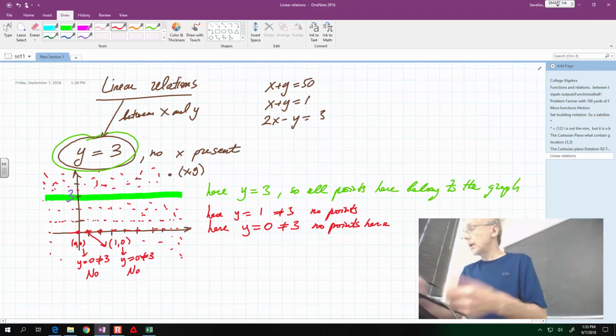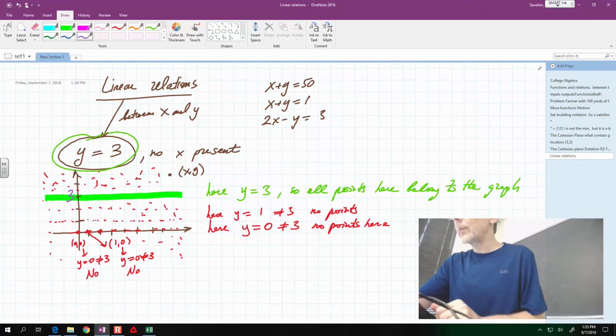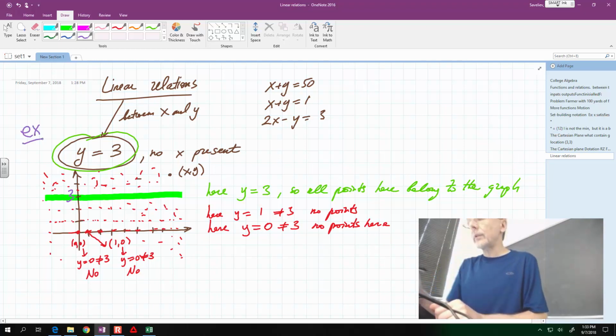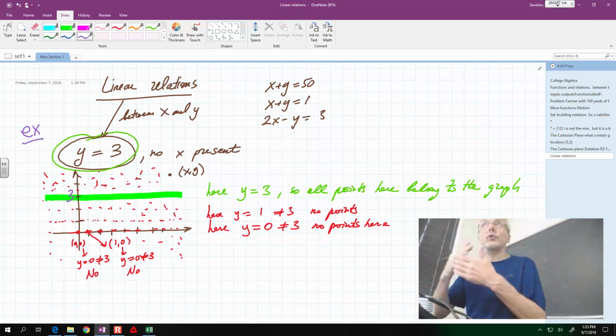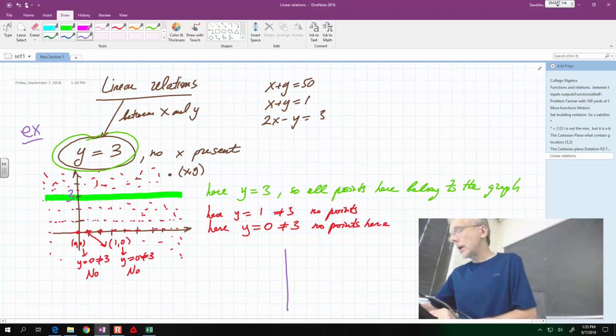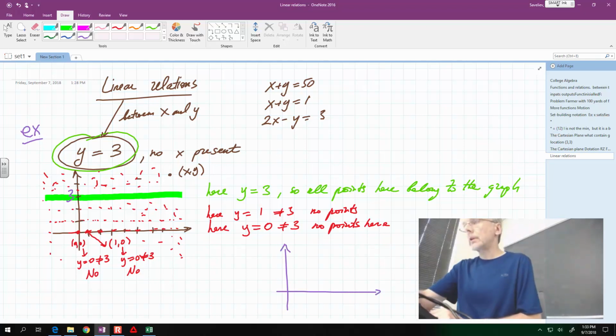Okay, that's a very simple example, and you can see that we then have a bunch of linear relations. Every horizontal straight line is in fact the graph of a linear relation. That's one, and then you have another one, and you have more and more.